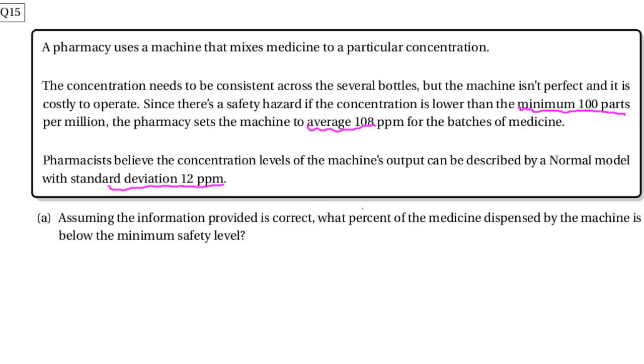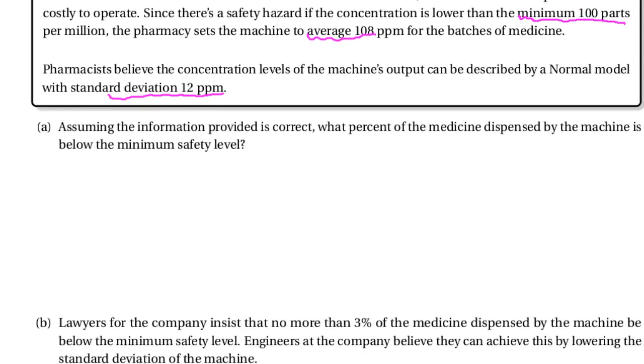Assuming that the information provided is correct, what percentage of medicine dispensed by the machine is below the minimum safety level? Well, let's see. If I were to draw this out as a normal distribution, I know that the normal distribution's average is 108.